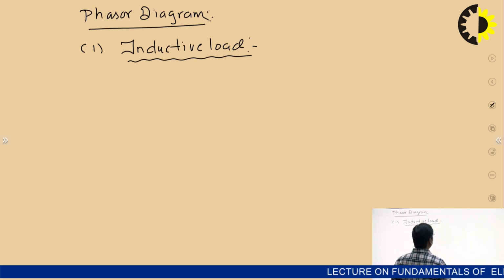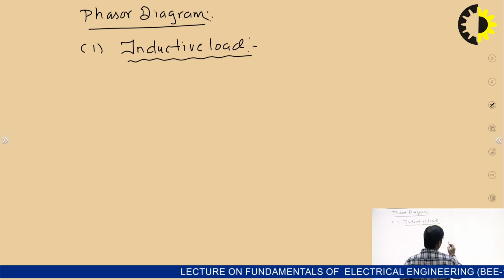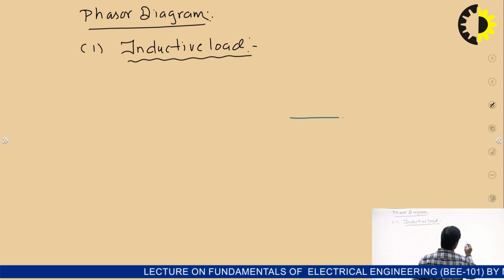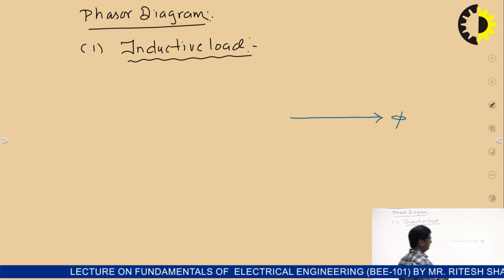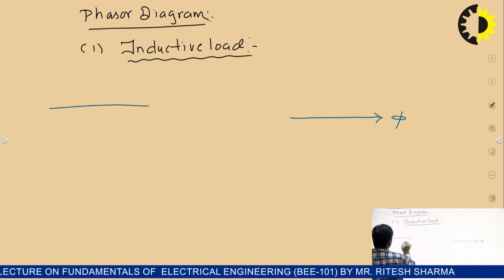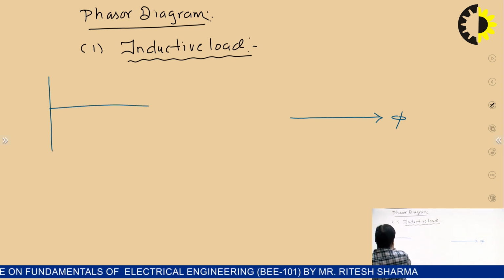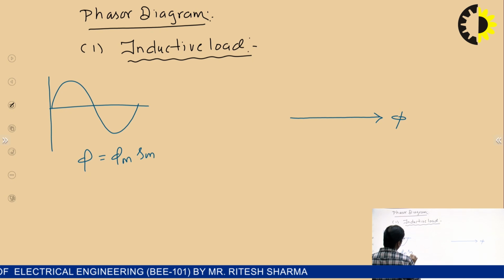So first we take the inductive load. Before taking this inductive load, we know that the flux is taken as the reference, because the flux is given by phi equal to phi m sine omega t.